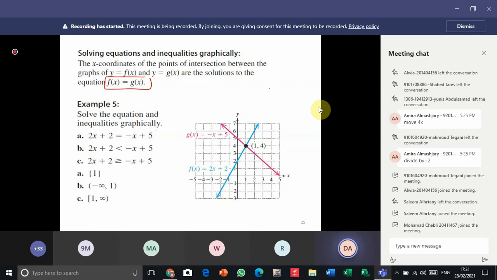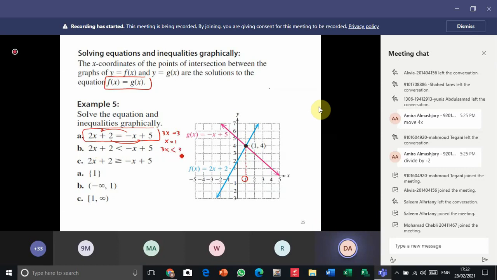Now solve the equation and inequality. Look at the first equation. This is very easy. Put x with x and number with number. We have 3x equals 3. By dividing by 3, we have x equals what? 1. So at x equals 1, look, we have the intersection point. Now look at the inequality, 2x plus 2 less than negative x plus 5. So we have 3x less than 3.